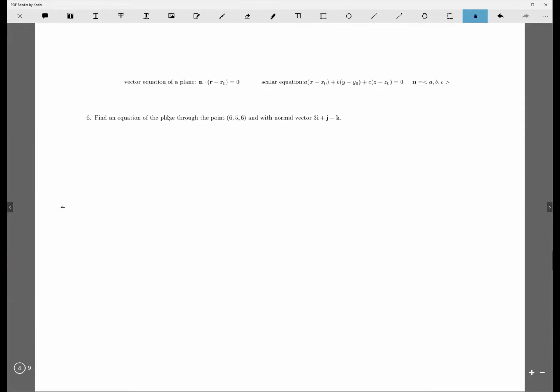Okay, so you want the equation of a plane that goes through the point 6, 5, 6. So let's say here's your point in the plane, and in this case the point is 6, 5, 6.